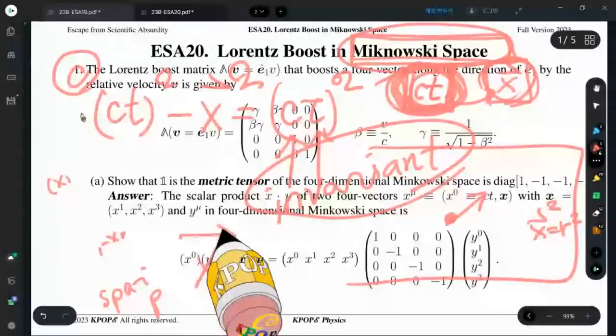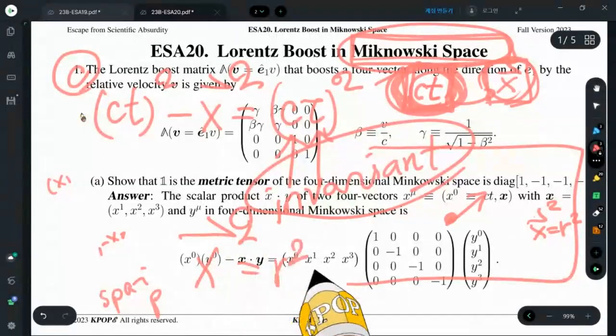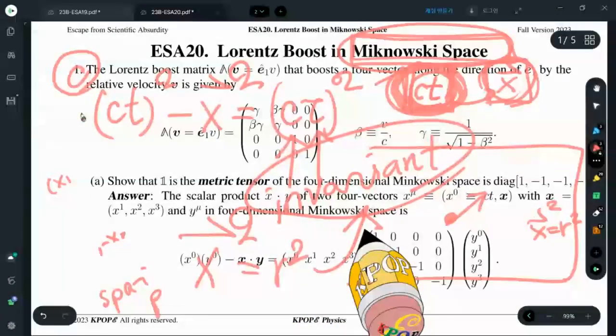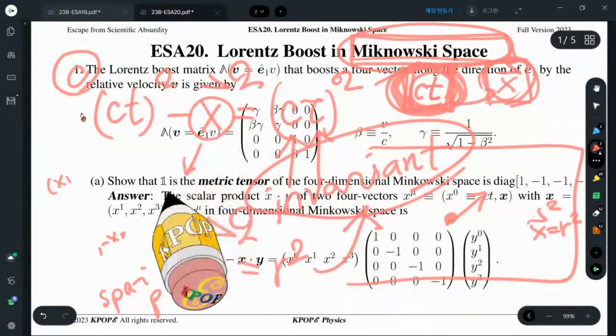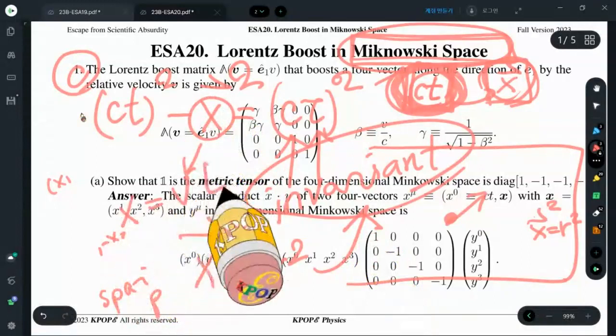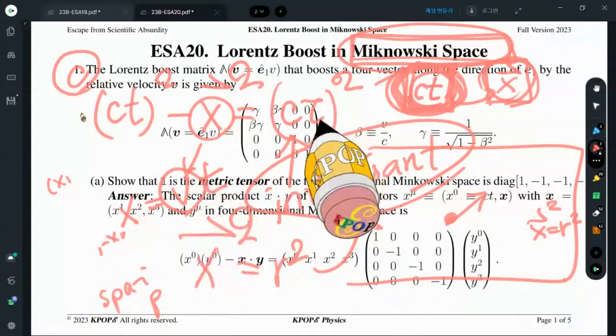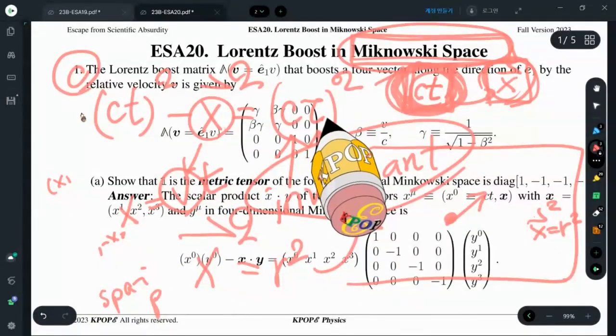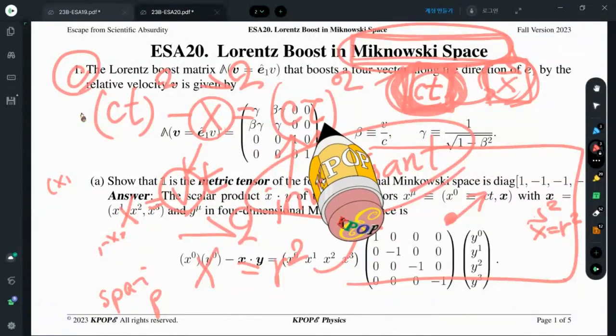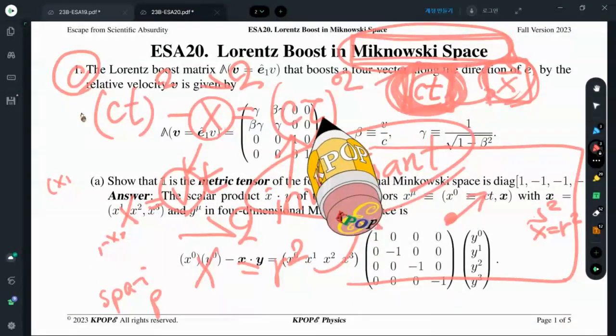In rotation, only x squared r squared is invariant. However, if x carries a velocity, something is moving with the velocity, then time is not an invariant quantity anymore.